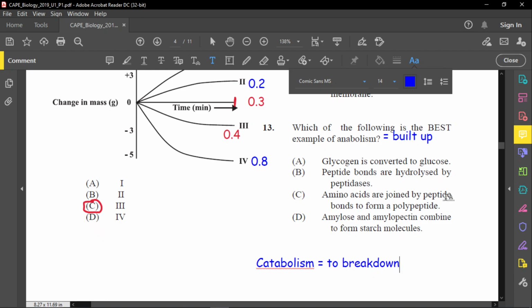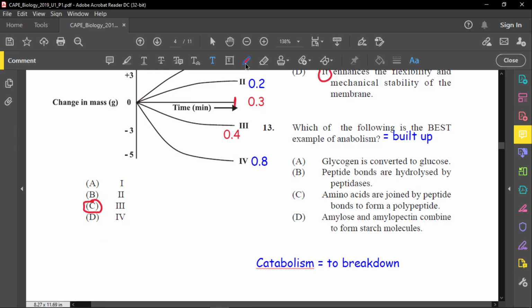But let's see if there are any other options here, because the word here is best. Now for part D, it says amylose and amylopectin combine to form starch molecules, which is also anabolic. So we have between C and D. But in terms of best anabolic reaction, amylose and amylopectin combining to form starch granules is best. Why is it the best one?